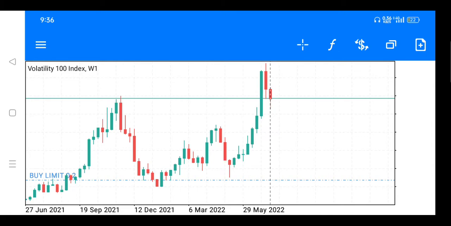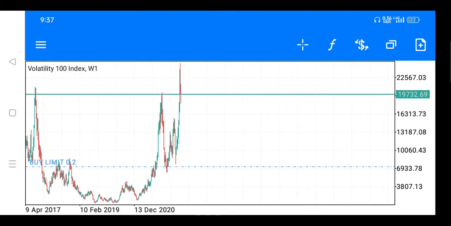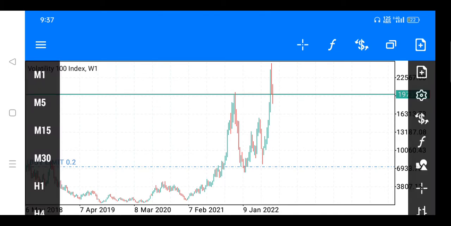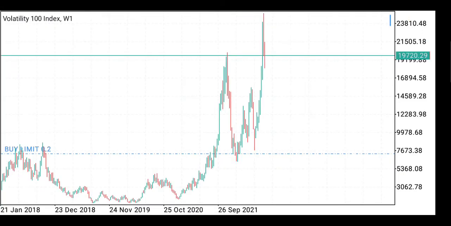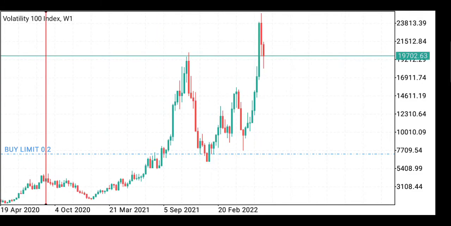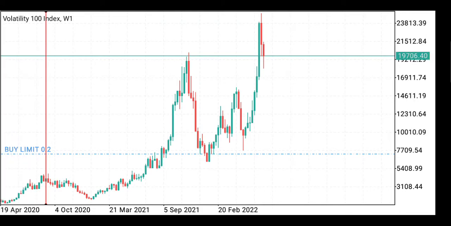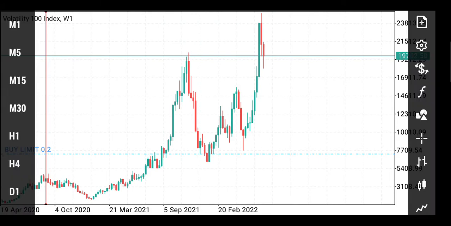You could clearly tell that we were in a bullish market, stemming from maybe this point. Let me put my line here. Stemming from this particular point, you notice that we're in a very bullish market, and something happened when the market swung from here.